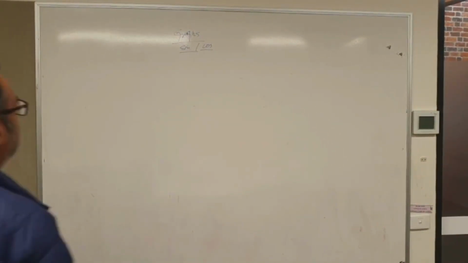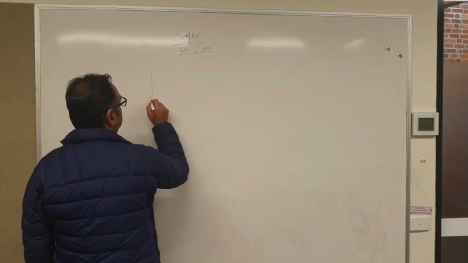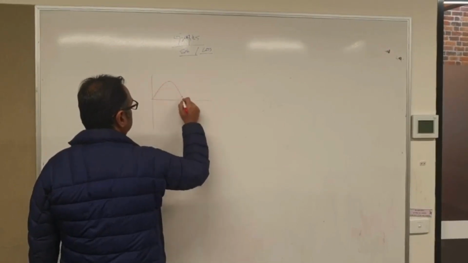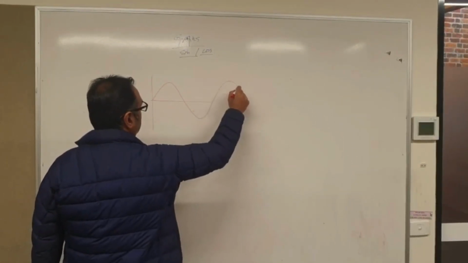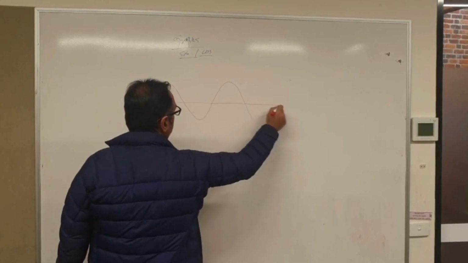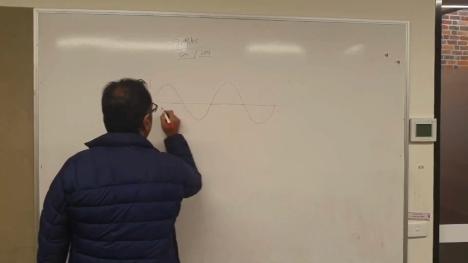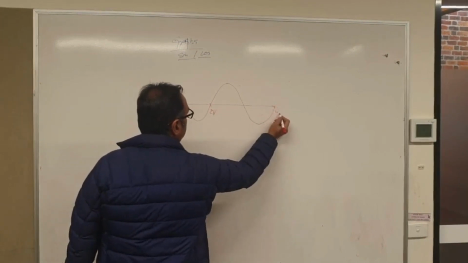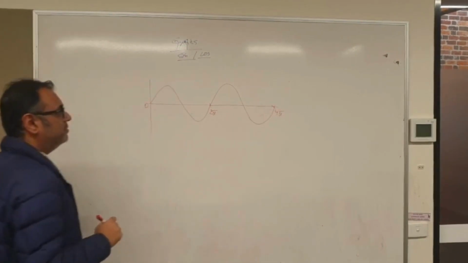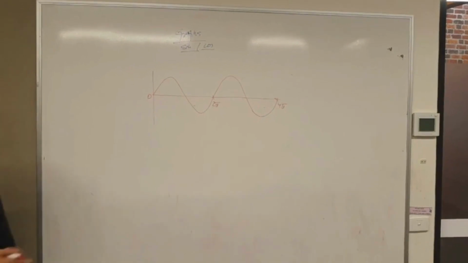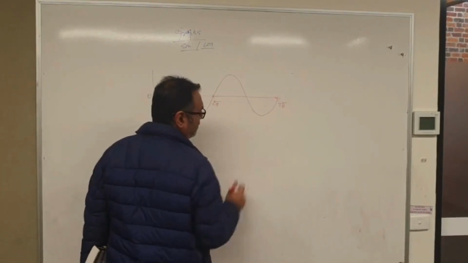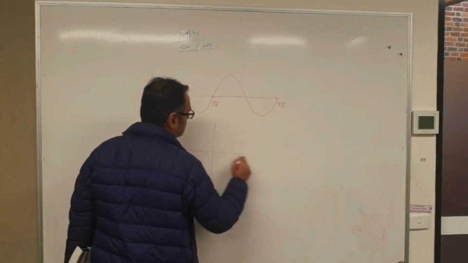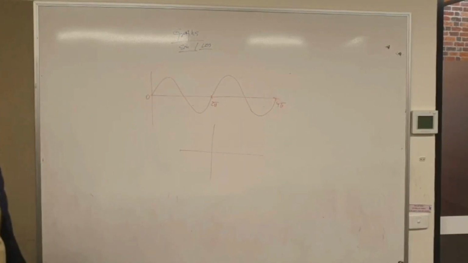What happens here in the world of graphs? This is what the sine graph is. It starts to repeat after 2 pi. Let's draw the graph here.